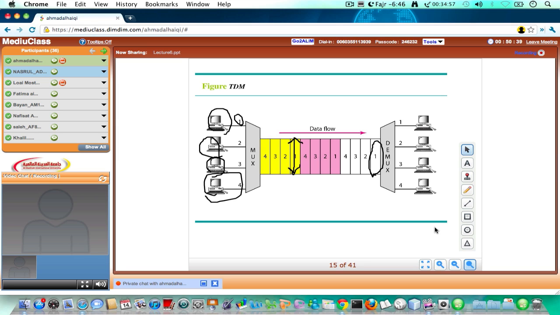There is no frequency division. We take this signal and use the whole range of frequencies, but we don't let this signal take the whole time. We just give it a small portion of the time.